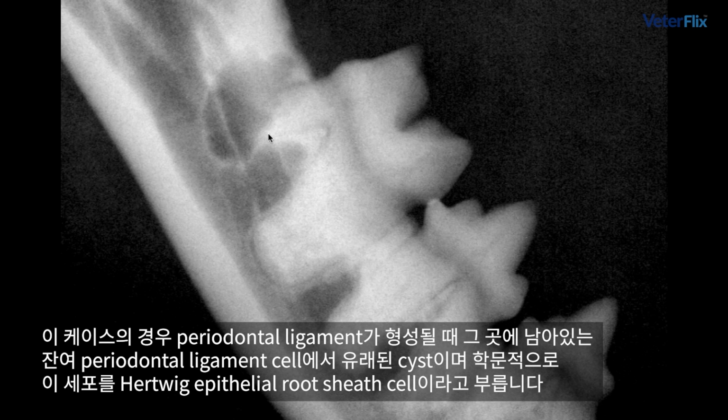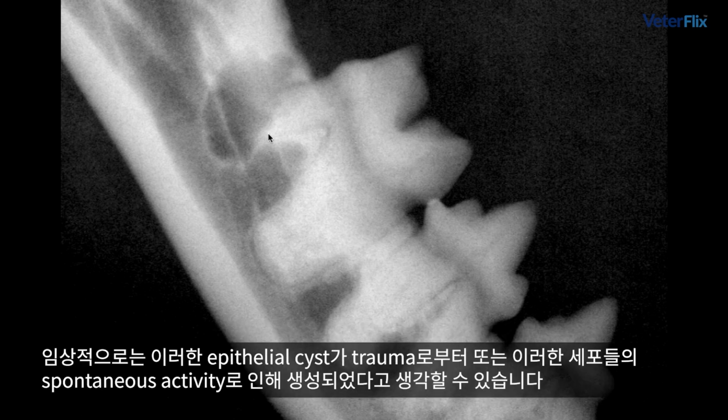Those cells are cells of Hertwig's epithelial root sheath from an academic standpoint. However, clinically, we can assume that these are just from possibly trauma or spontaneous activity of those cells to produce this epithelial cyst.